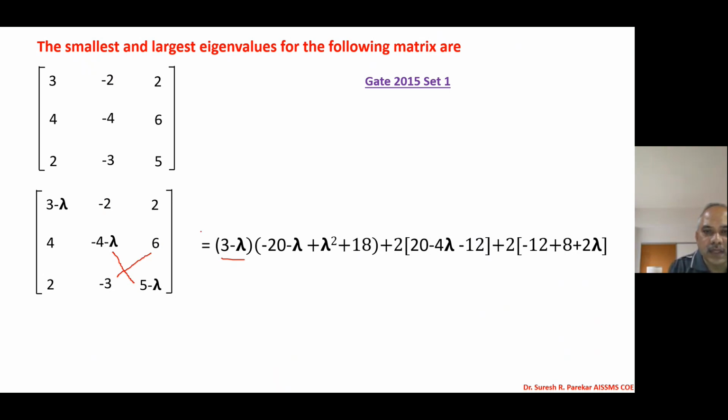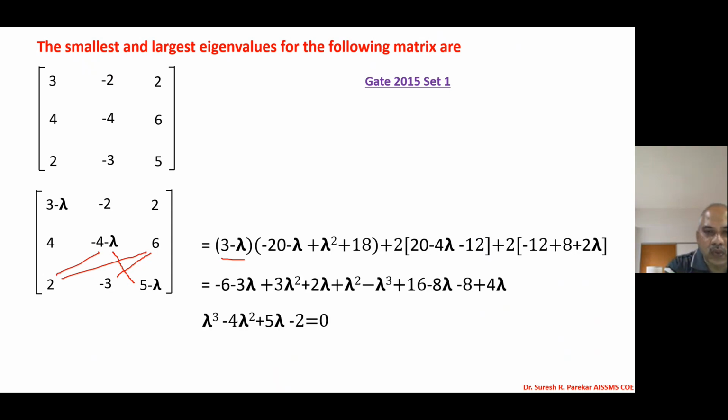Then minus of minus, this will be plus 2. And then we have 4 into 5 minus lambda, 6 into 2. So we have calculated this determinant actually. And then we have plus 2 into minus 12, and this 2 in minus 2 into 4 minus lambda.